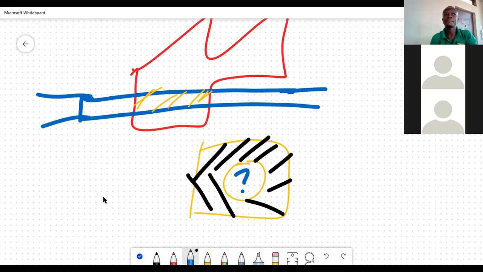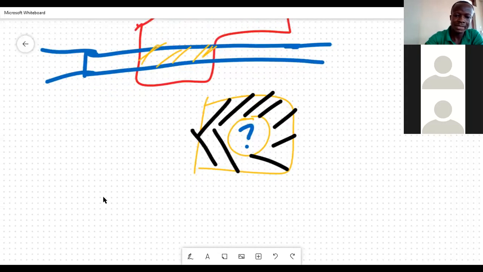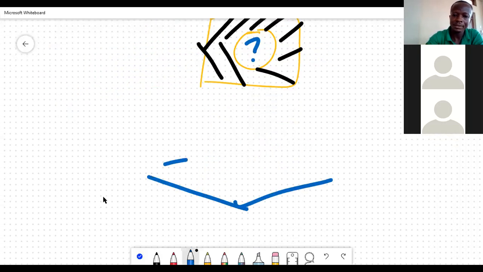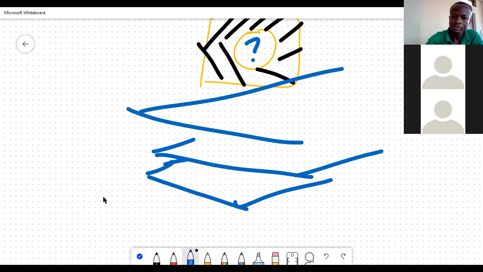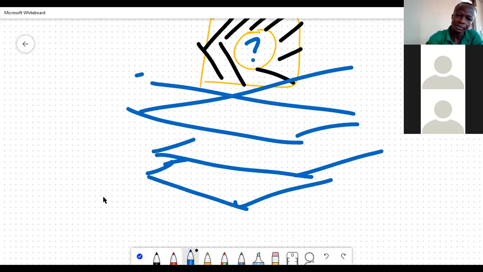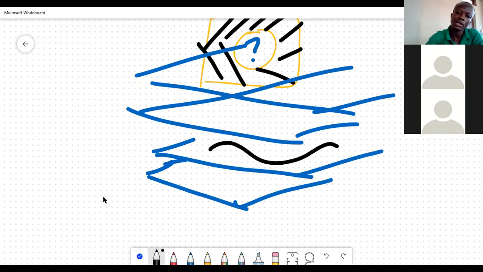All I want you to understand now is that we can have layers stacked up like this. You can have one layer, another layer, another one, and on each layer, you can have something interesting. Maybe a linear feature, a polygonal feature. On the last one, I don't know, a set of points.